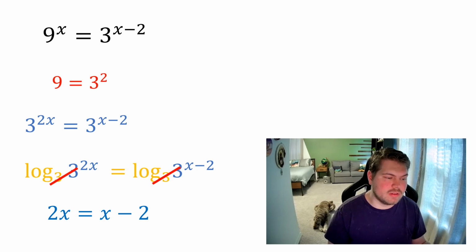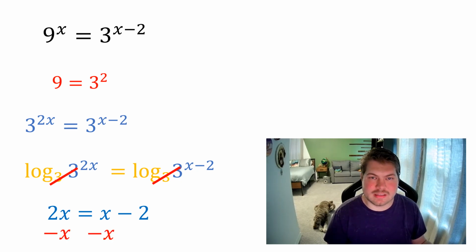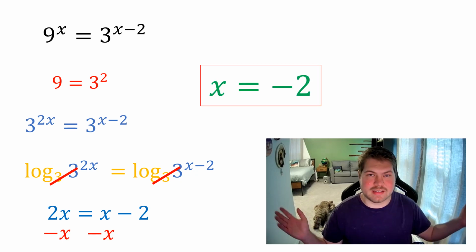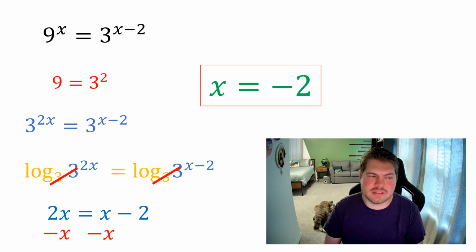And then we solve. So 2x equals x minus 2. We're going to subtract x on both sides. And all we're left with is x equals negative 2. That one was super simple compared to the last one. Yeah, hopefully it's clicking even more.